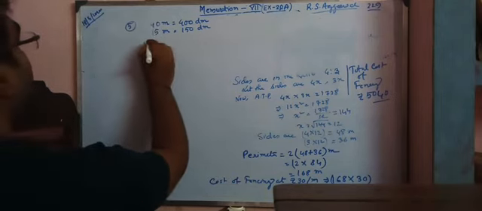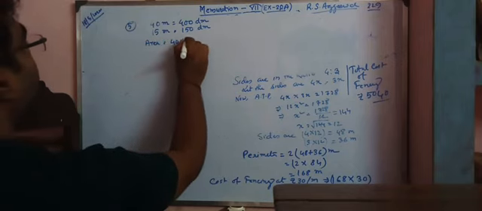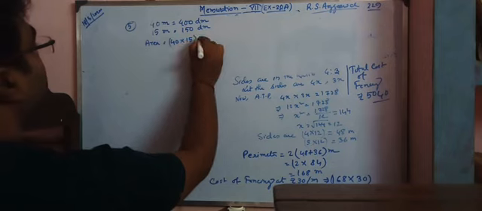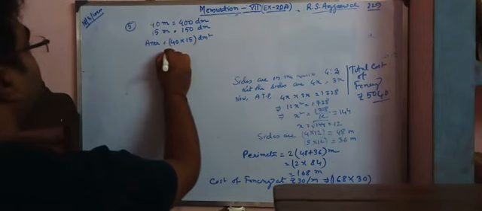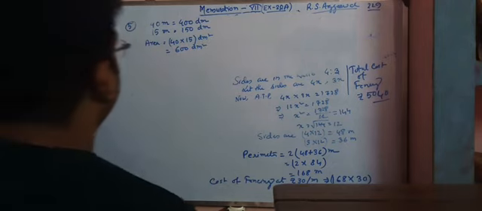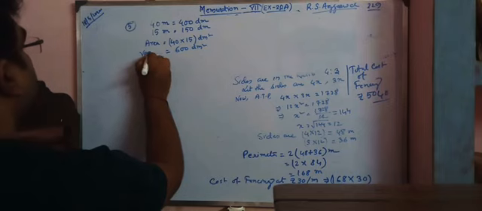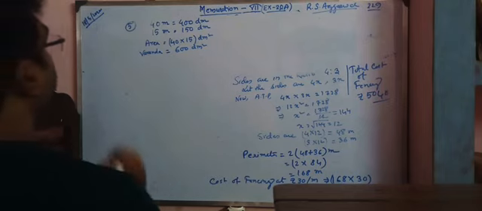That means the area is 40 into 15, 600 decimeter square. This is the area of the veranda.